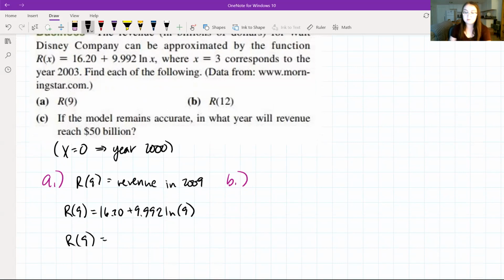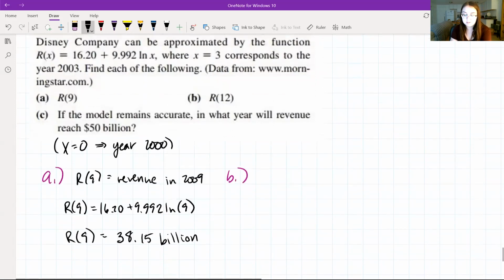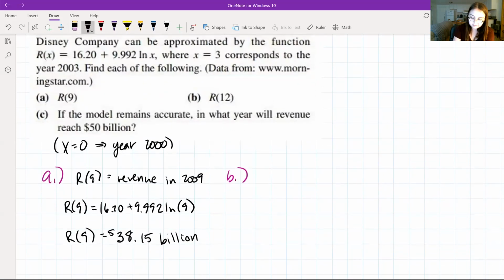Then we can just plug this straight into a calculator, which I highly suggest that you do on your own. You should end up getting about 38.15, and this is in billions. It's in dollars, so $38.15 billion.